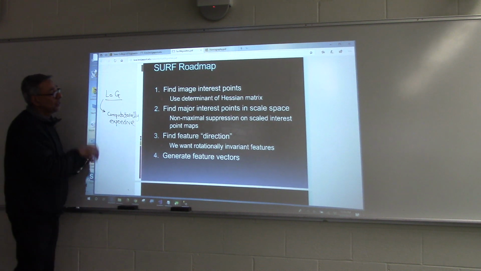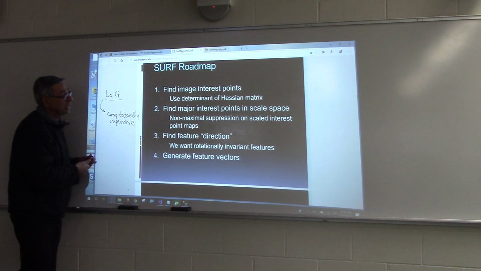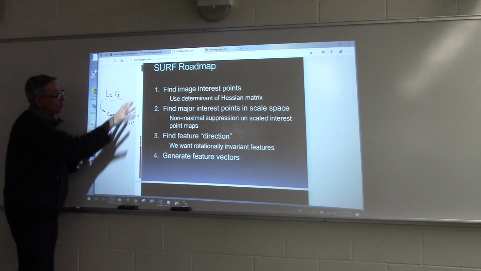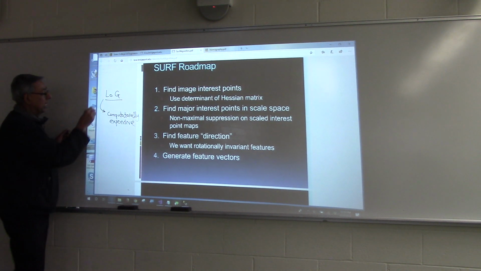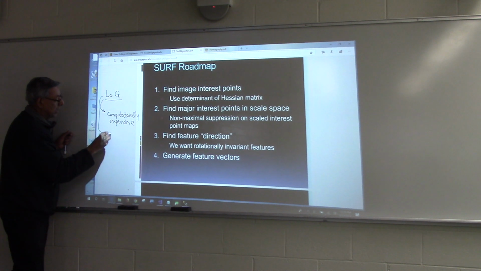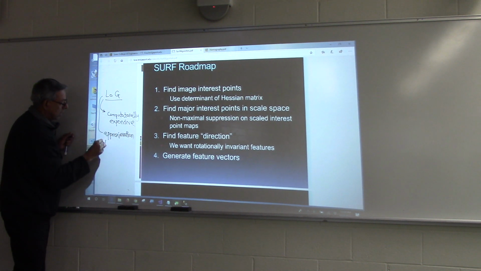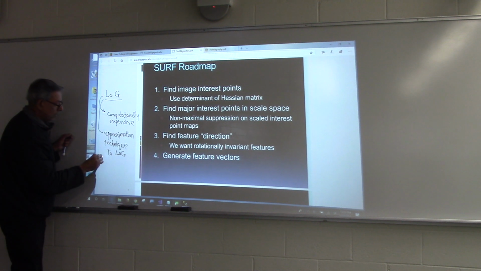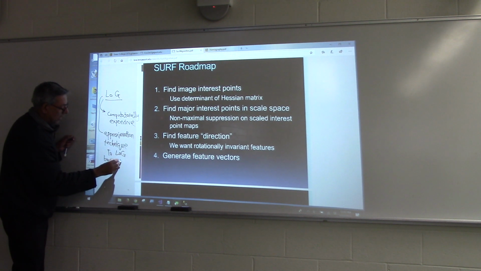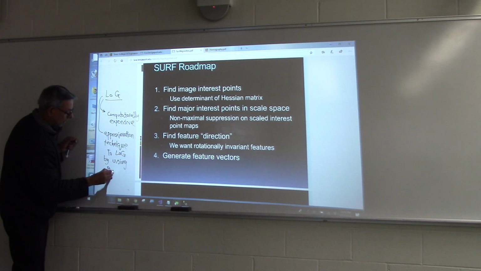So for this reason, what the developers of SURF did is they came up with an approximation technique to LOG, by using, as I will show you, box filters.